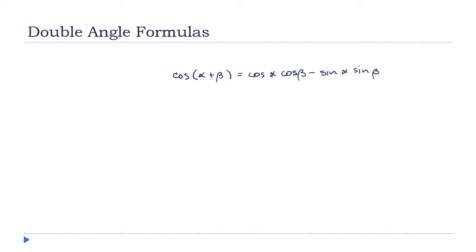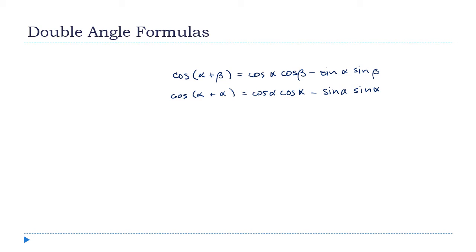Replace beta with alpha. Replace every beta with an alpha. So this becomes cosine alpha plus alpha equals cosine alpha cosine alpha minus sine alpha sine alpha.